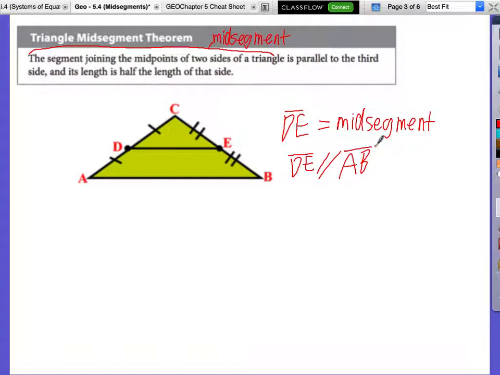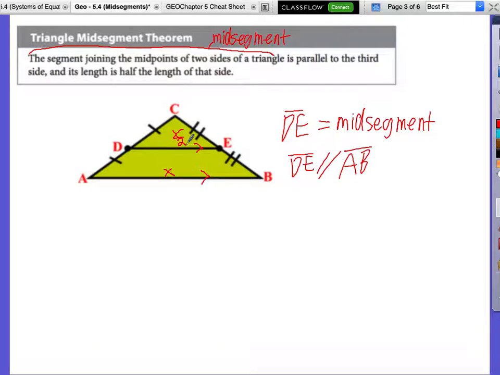What does parallel mean? They never ever intersect. How do we mark parallel? Not dashes. Arrows. We mark arrows. Okay? And we also said it's half the length. So if we give some arbitrary length to AB, say x, what's DE going to measure out at? x over 2.